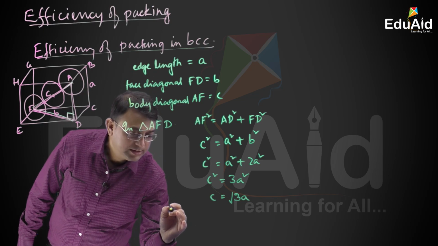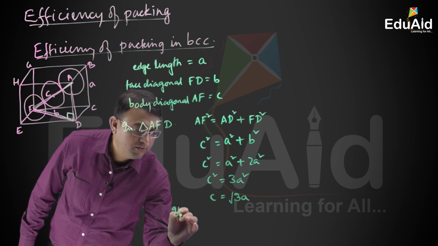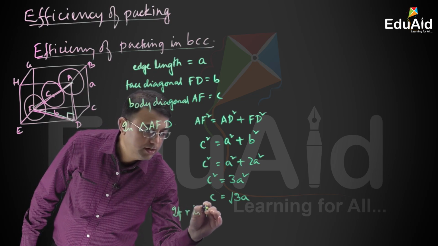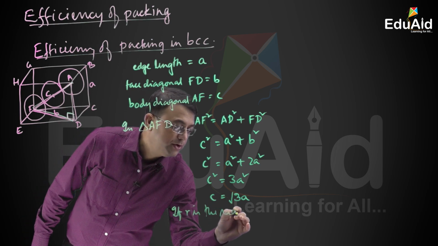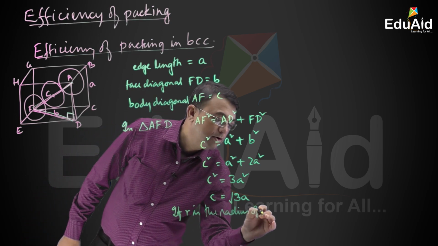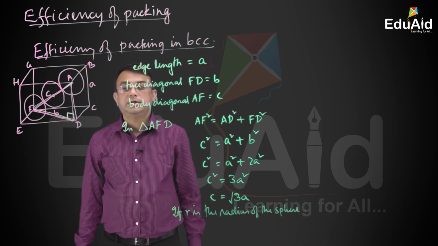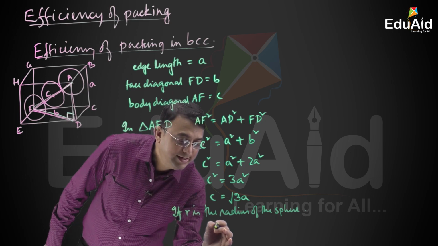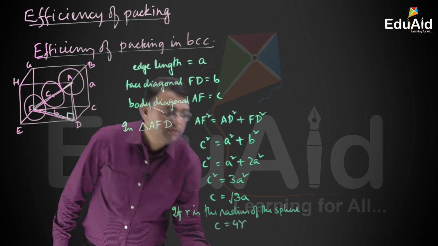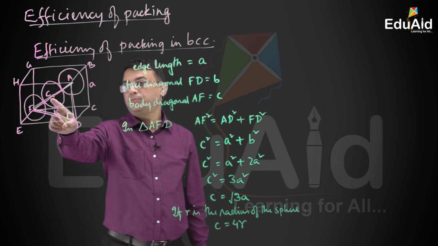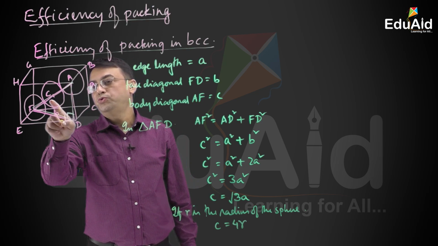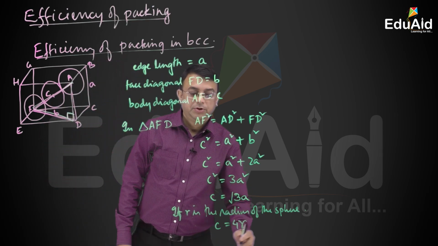As in the previous case, if R is the radius of the sphere, then C equals 4R, 1, 2, 3, 4.